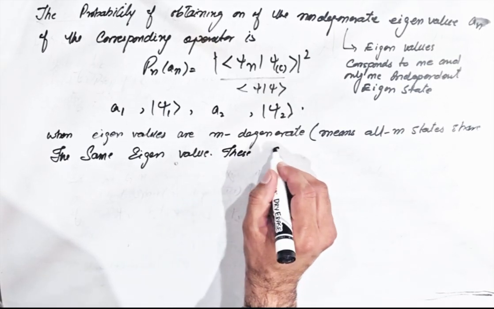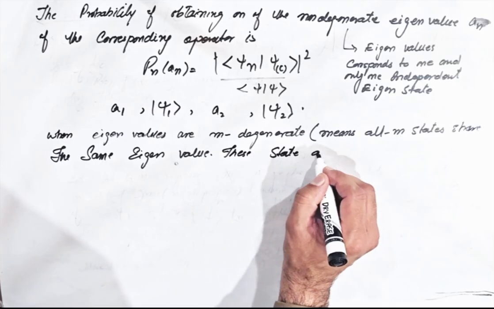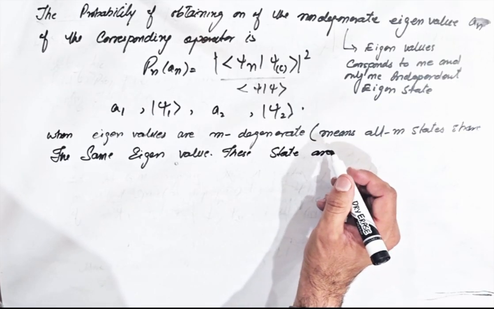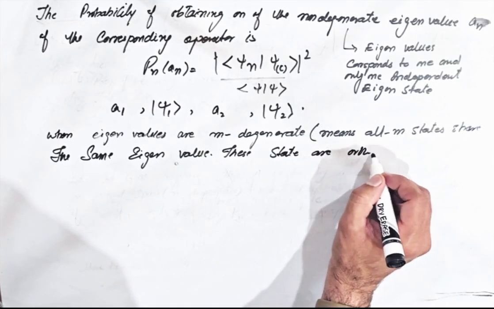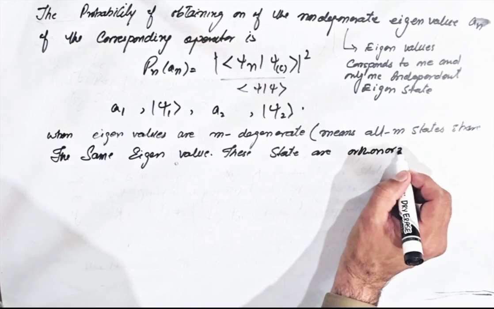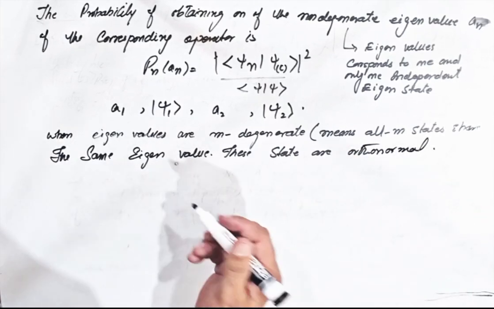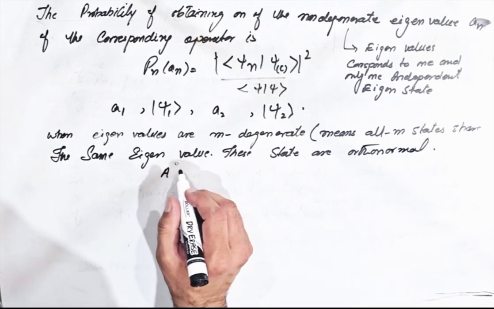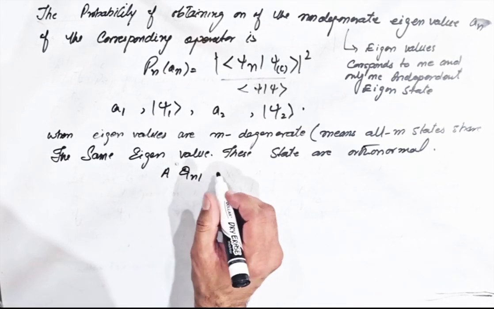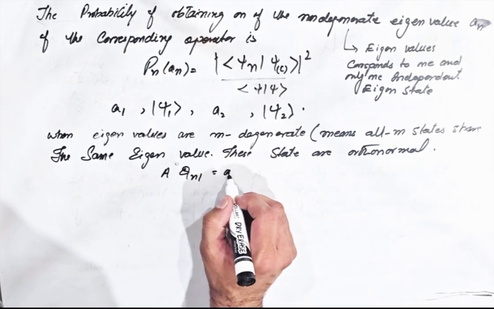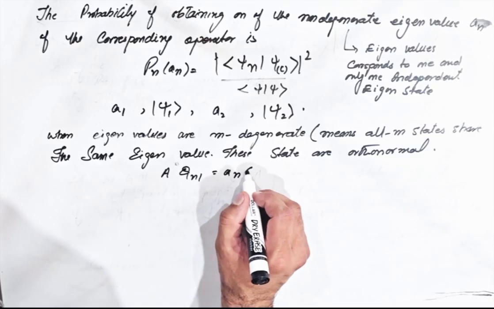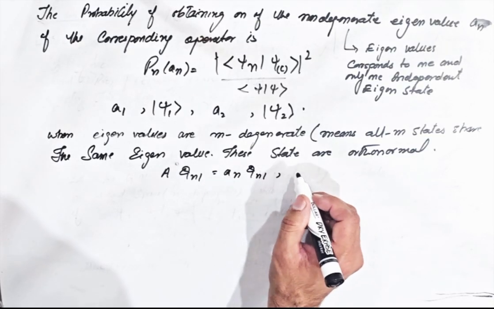These states are orthonormal and independent. For example, A phi n1 is equal to a n phi n1.